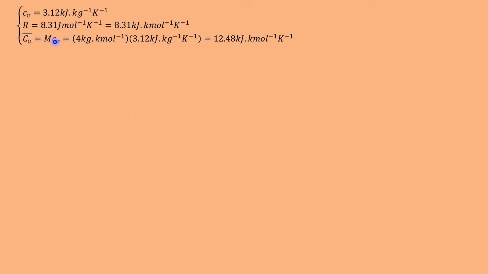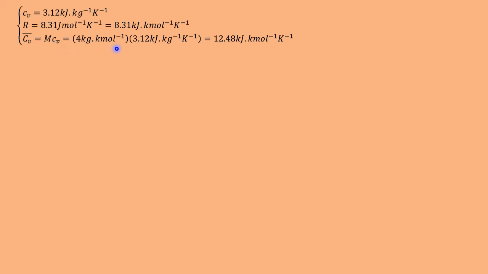From what we have done previously, we had the specific heat capacity, small cv, equal to 3.12 kilojoules per kilogram per Kelvin, and we have R equals 8.31 joules per mole per Kelvin, which we can write as 8.3 kilojoules per kilomole per Kelvin. Now Cv bar is equal to the molar mass times the specific heat capacity at constant volume.